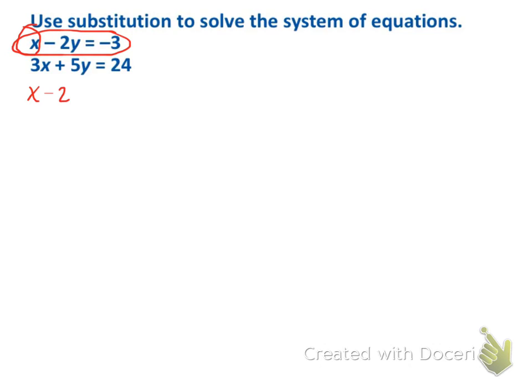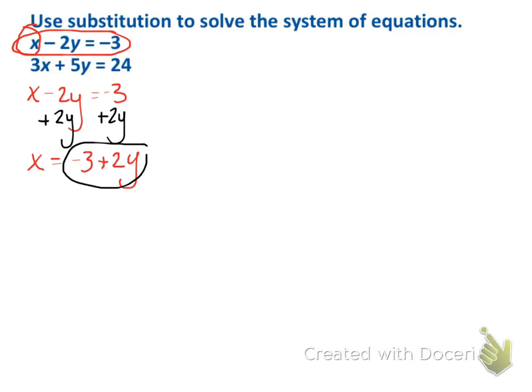So to get the x alone, all I would have to do is add 2y to both sides. So now I have the x alone as negative 3 plus 2y. So now I can substitute this for x in the second equation.